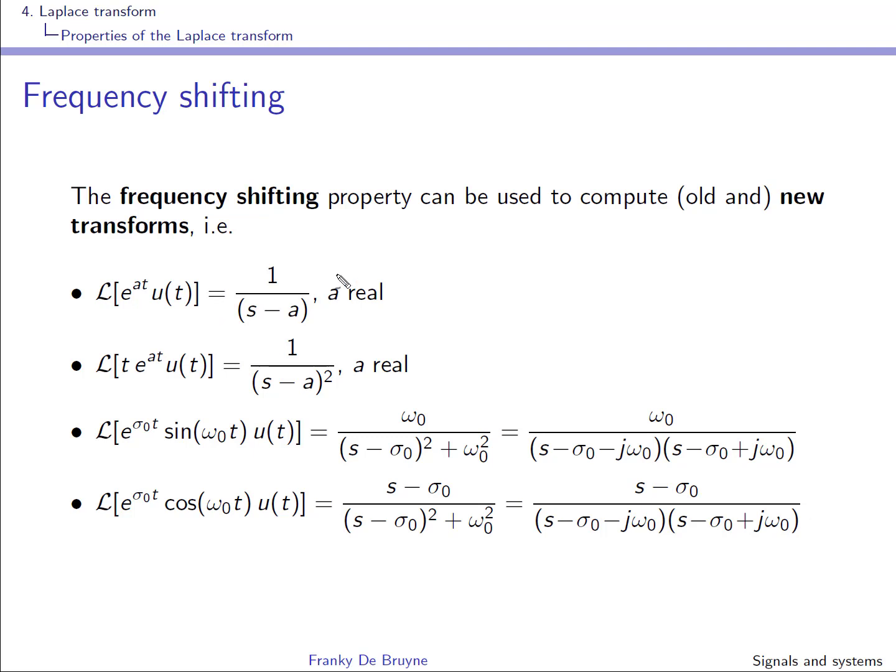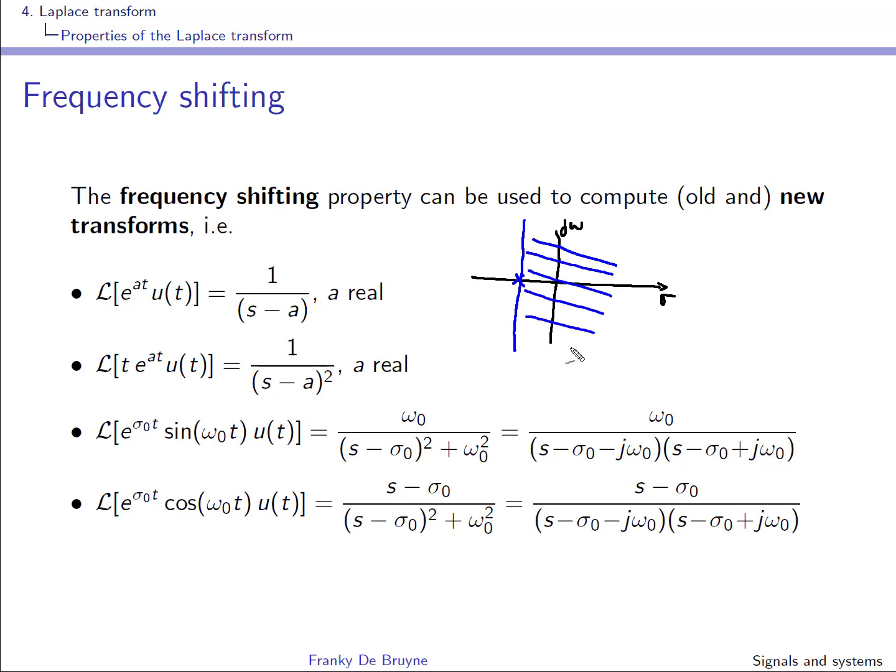Okay, so let's apply it to this real simple example. So let's draw the complex plane. So this is sigma, the real part of s, and j omega, the imaginary part of s, and let's for instance take a negative a. Then we have a pole over here, and the region of convergence will be to the right of this pole.